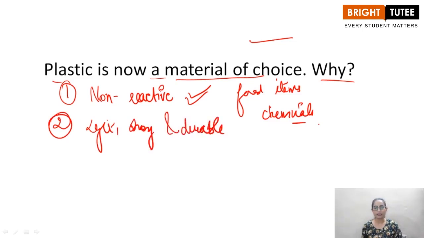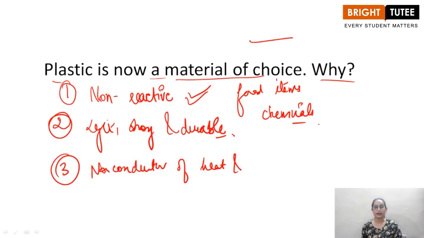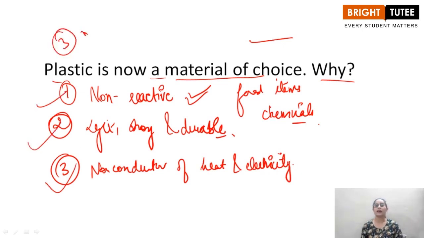As we have discussed in the lecture, you have to explain this advantage. Thirdly, basically it is a non-conductor of heat and electricity. So this is again an important feature which makes it very, very useful. This is a 3-mark question and you have to explain all these in detail.